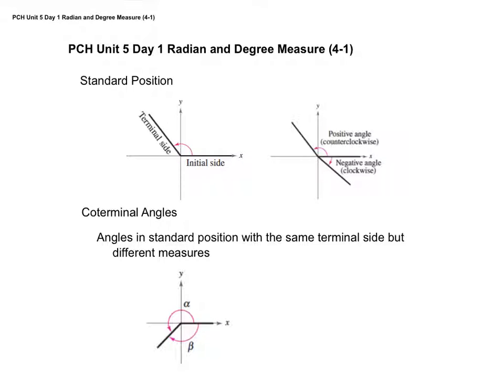The initial side, here meaning starting side, or beginning side, is always going to be the positive x-axis, okay? And then we're going to rotate from there either counterclockwise or clockwise. All right?